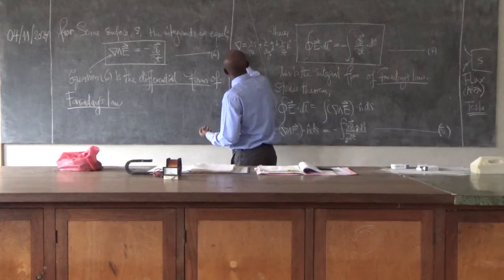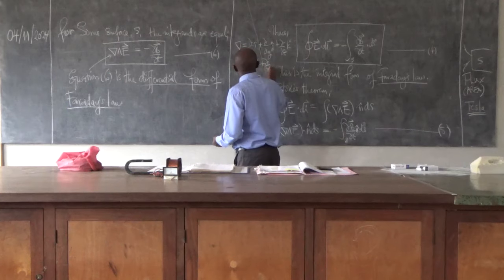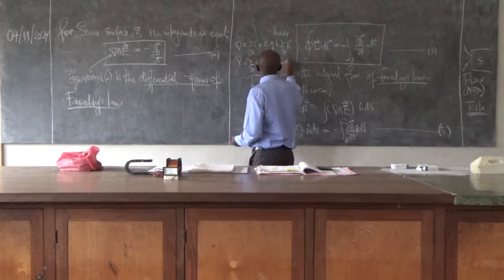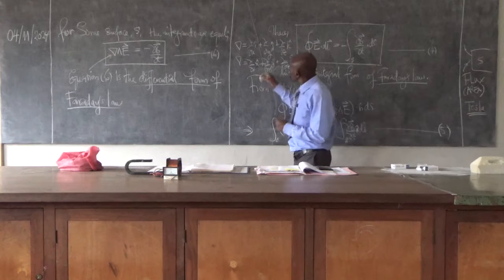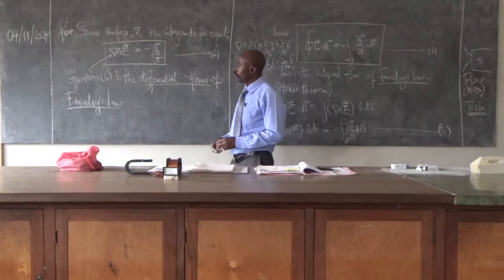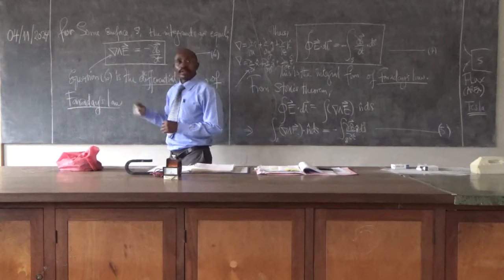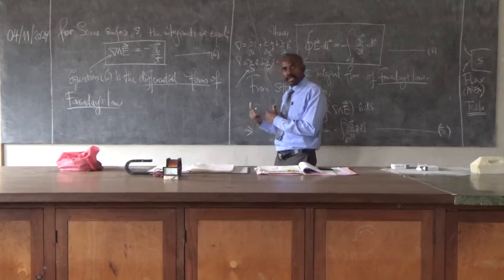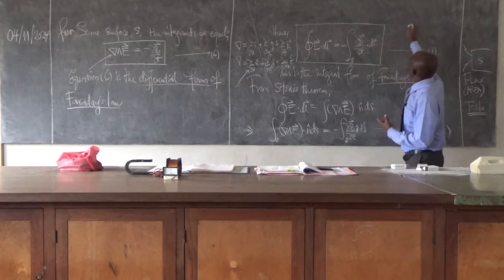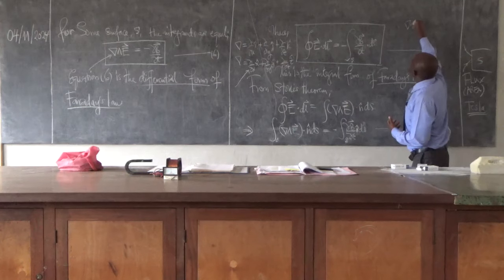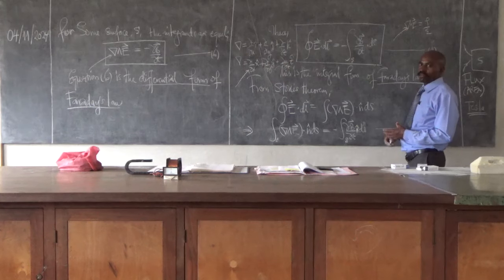Or you can just say that this would be equal to partial by partial x plus partial by partial y plus partial by partial z. So these partial differentials in this gradient operator are the ones which make such an equation to be the differential, just like we did for the divergence of E being equal to rho over epsilon. This is Gauss's law in differential form.